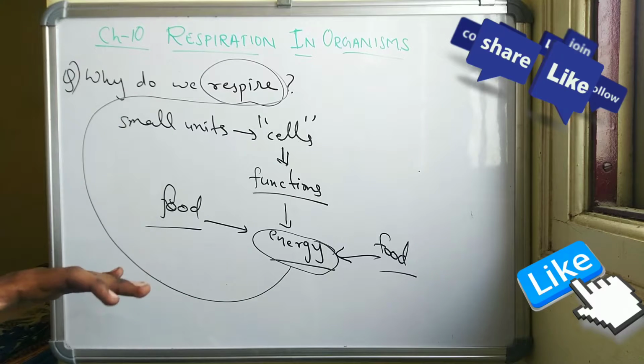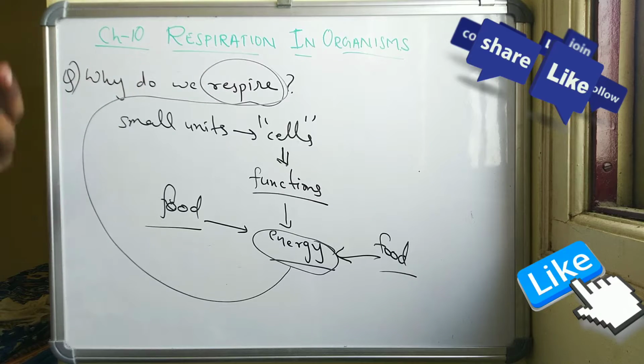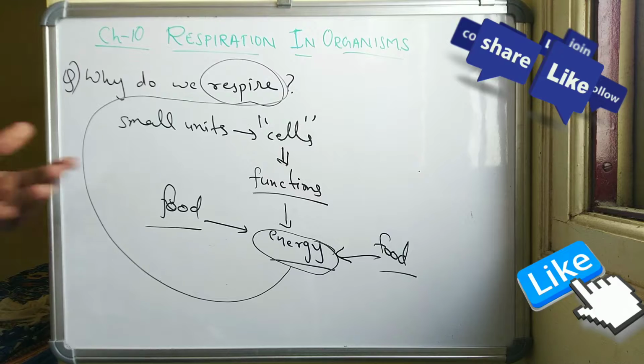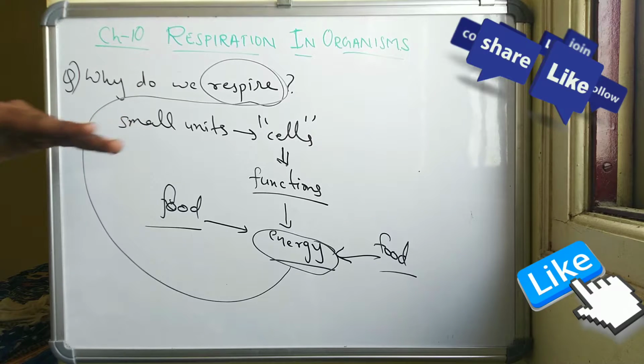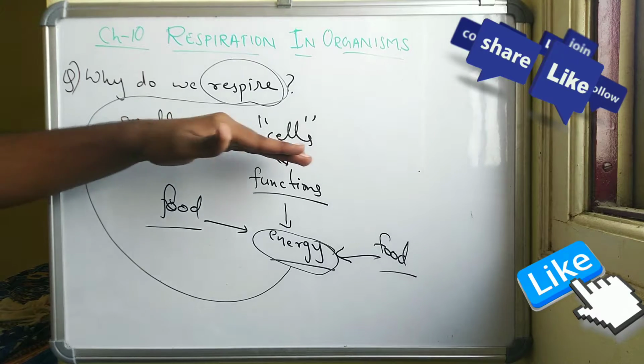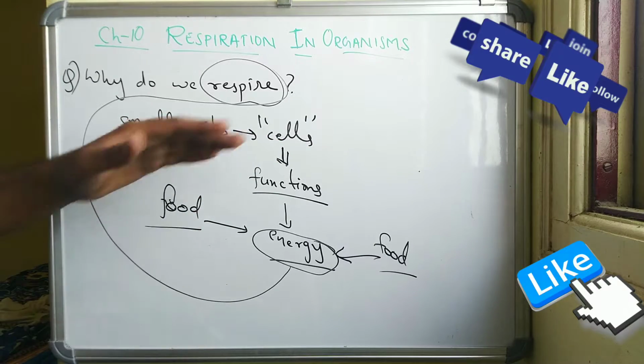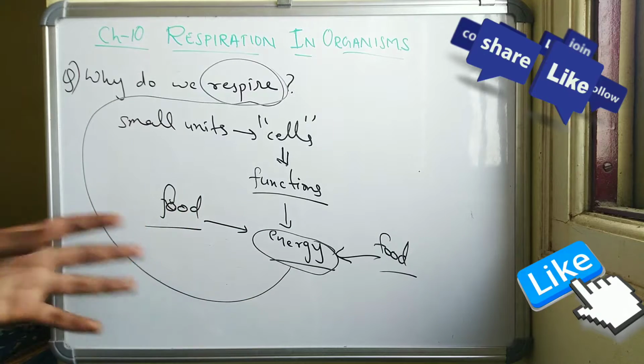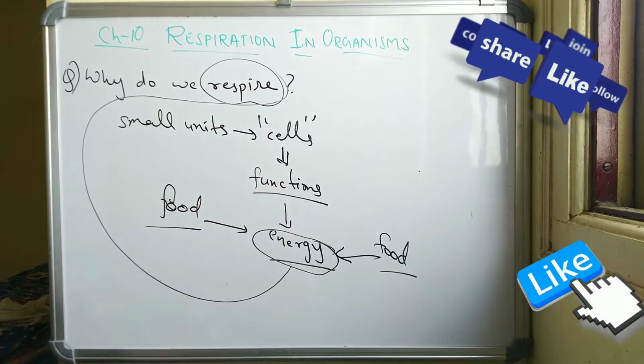So I'll repeat this whole process. Why do we respire? Why do we breathe, that means inhalation as well as exhalation? Why do we need to inhale oxygen and exhale carbon dioxide? All living organisms are made up of cells. Cells do some functions based on wherever they are present in the organs, such as the digestive system or excretory system.